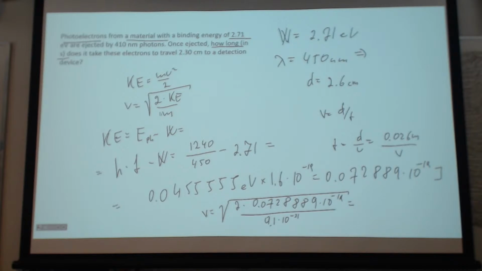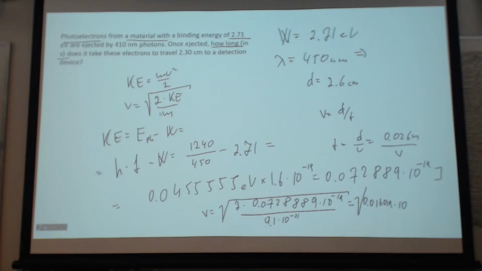You get 0.07019 times 10, that's 31 minus 19.